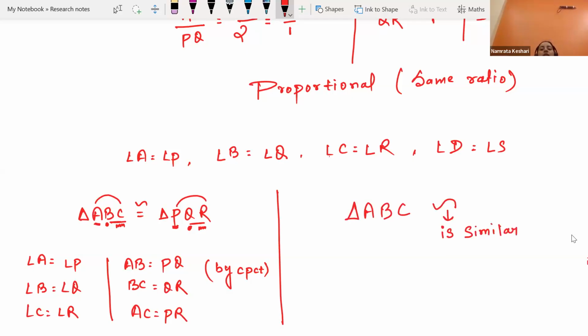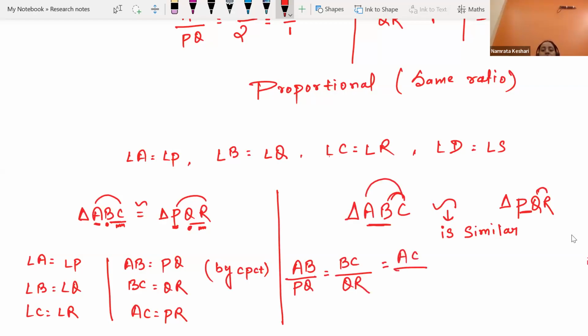Okay, triangle ABC is similar to triangle PQR. Then we can say that side AB by PQ must be equal to side BC by QR, which must be equal to side AC by PR.